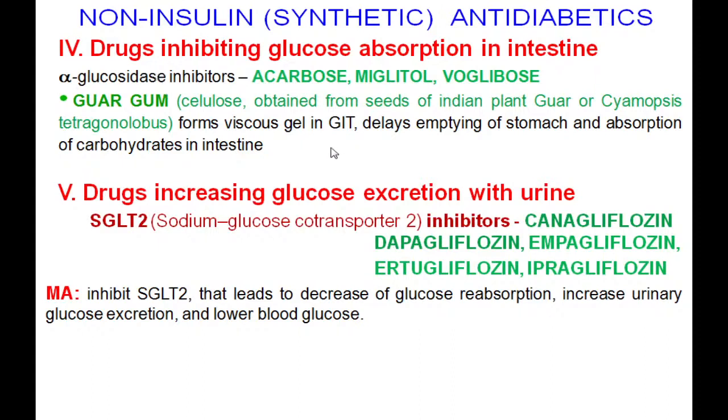The names of the drugs: acarbose, miglitol, voglibose. Besides these drugs, guar-gum is available. Guar-gum is cellulose obtained from seeds of the Indian plant guar, Latin name Cyamopsis tetragonoloba.